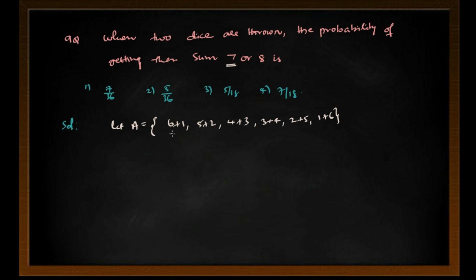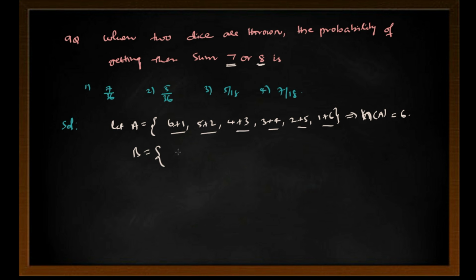So how many are there? 1, 2, 3, 4, 5, 6. So n of A, the number of elements in A, equals 6. Similarly, let B be the event whose sum of the two dice is 8.